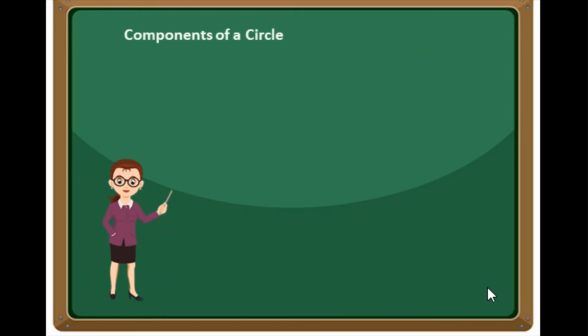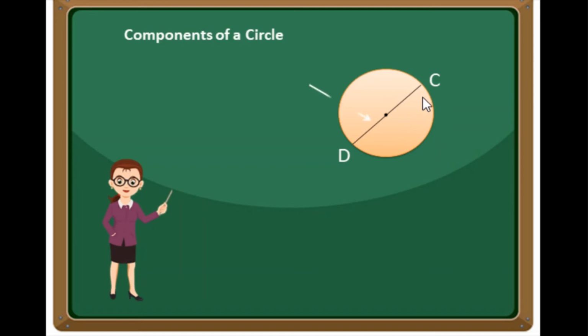Another component of a circle is from line CD or line DC. This component is called diameter.